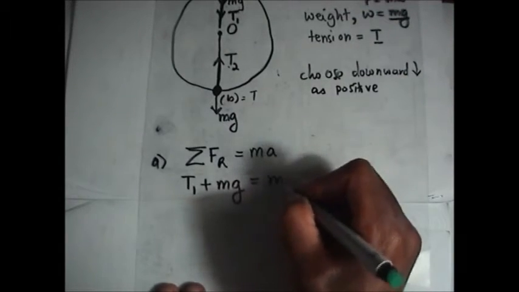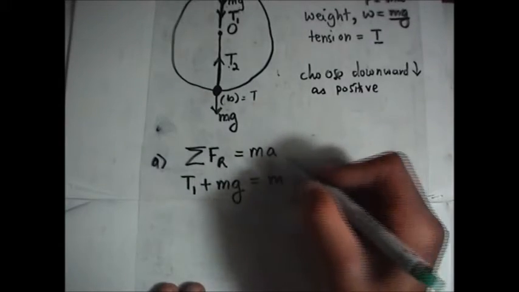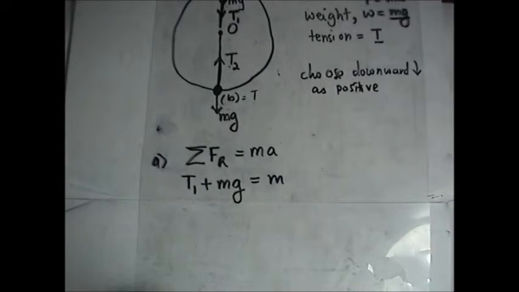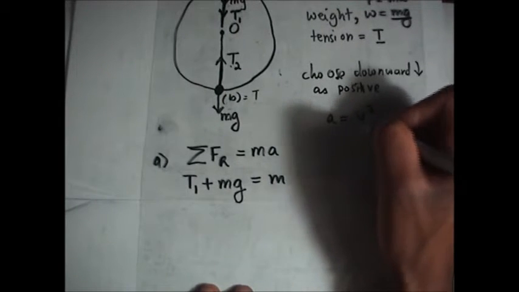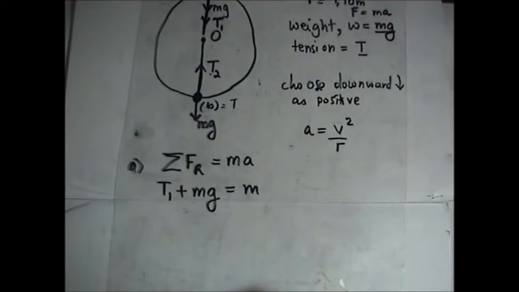So this is equal to ma, but a is equal to v squared over r. That is the calculation of a.